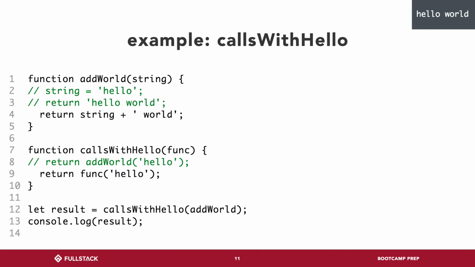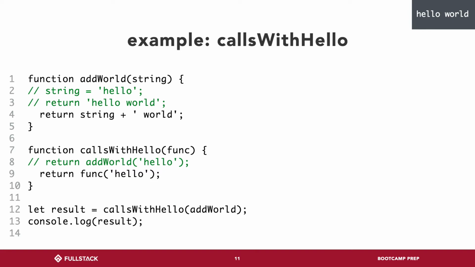So calls with hello returns and invokes func, which has hello as an argument. This is interchangeable with this, so it really just returns a string, because once you invoke the function, it's no longer a function. It's whatever value is returned from that function.